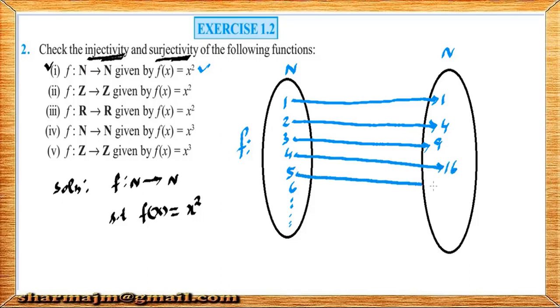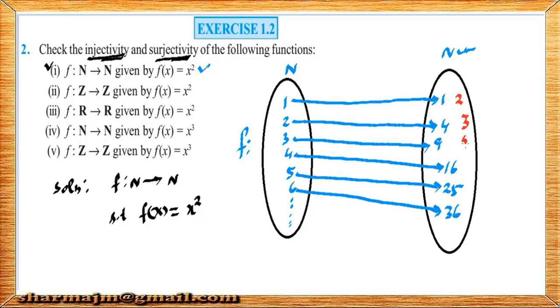Image of 5 is 25 and image of 6 is 36. But codomain is the set of natural numbers. So here we have 1 and 4, but 2 and 3, they don't have pre-images.